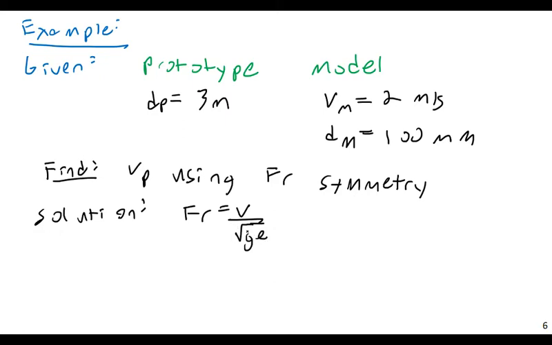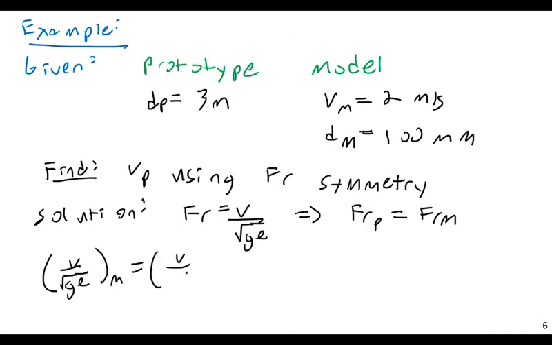Okay, so what I'm going to do is set the two Froude numbers equal to each other. So Froude number of the prototype is equal to Froude number of the model. And so V divided by the square root of GL for the model is going to be equal to V divided by the square root of GL for the prototype.